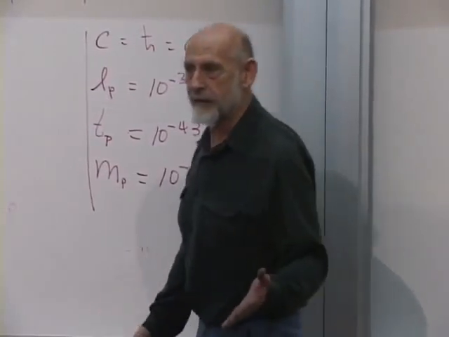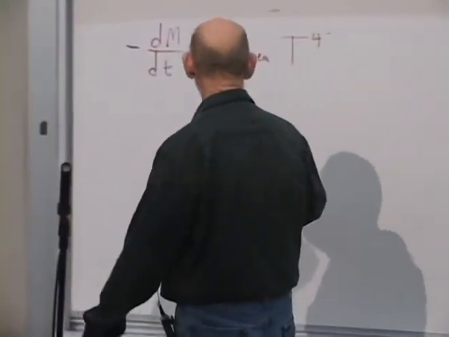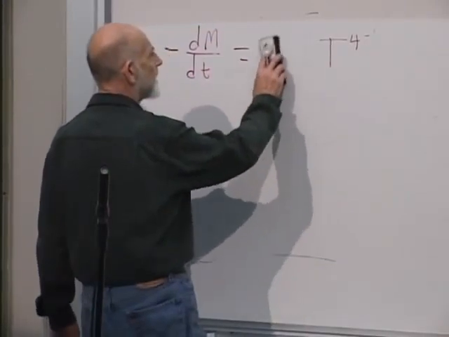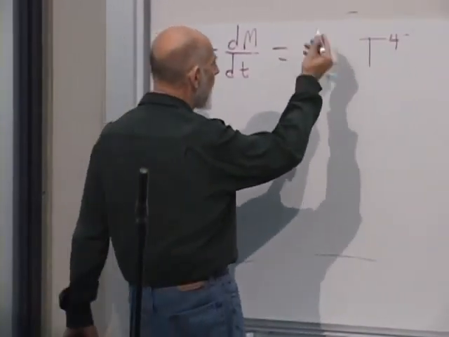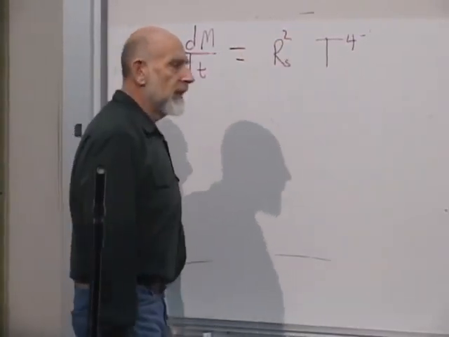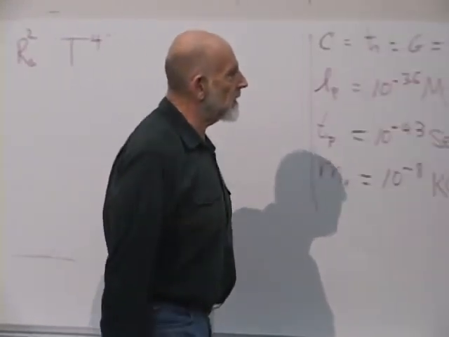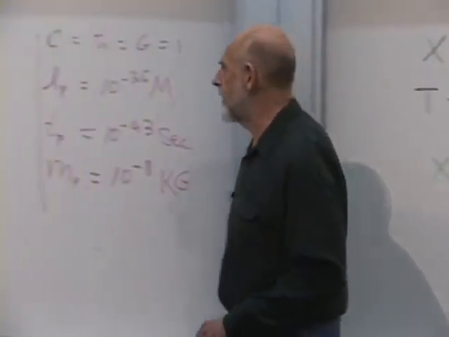Well, the area is proportional to the Schwarzschild radius squared. Let's put that in there. There's some 4 pi, but by now we don't care about those things. 4 pi, but times r Schwarzschild squared. And what about the temperature? We seem to have lost the formula for the temperature. Go back in your notes and see if you can find the temperature.